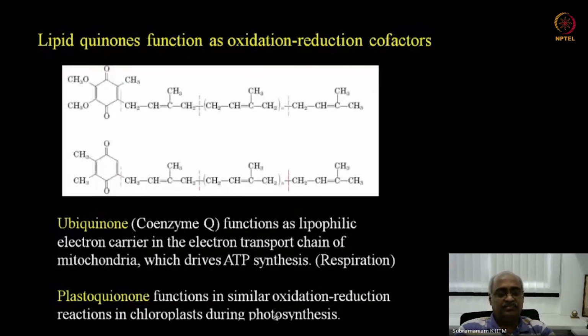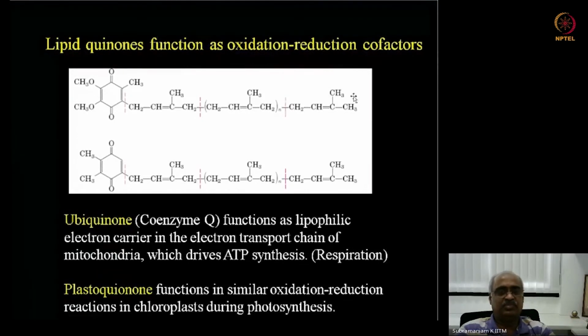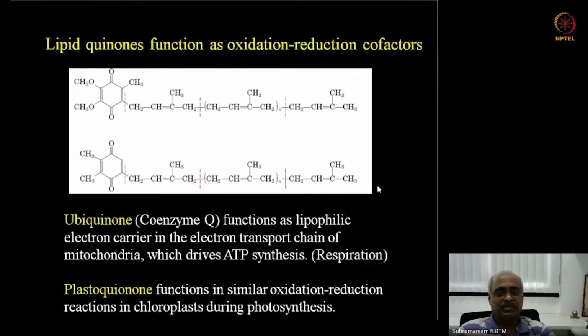In that process again, there are complexes on the membrane in the chloroplast that transfer the electrons, and between the complexes, in the lipid phase, these plastoquinones help in transferring the electrons. And these are the structures. So these are the lipid quinones. These are important for oxidation-reduction reactions. Since they help in transfer, we call them cofactors.